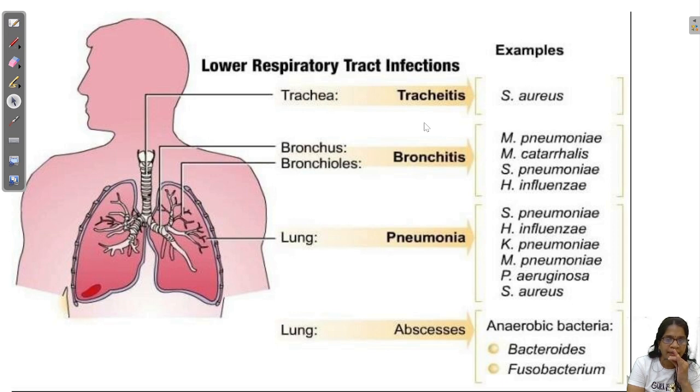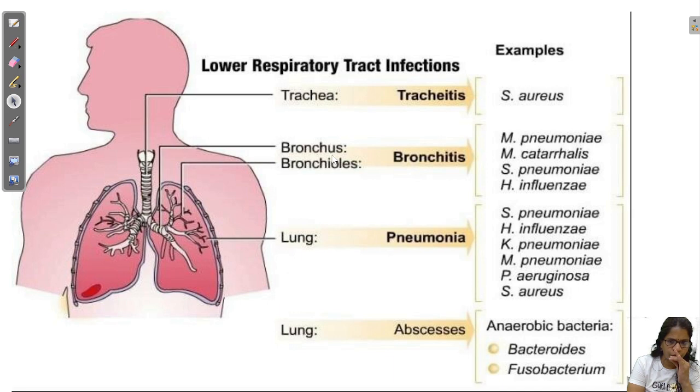Tracheitis is Streptococcus aureus again. And Mycobacterium pneumoniae, Mycobacterium catarrhalis, Streptococcus pneumoniae, and Haemophilus influenzae. These are all the bacteria that affect the bronchi part of your lower respiratory tract.